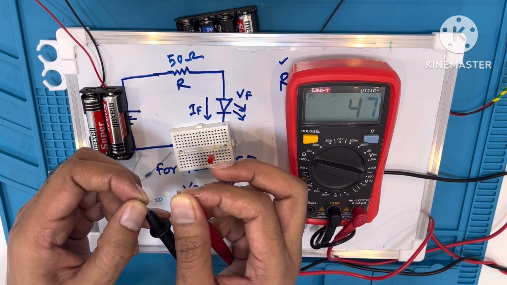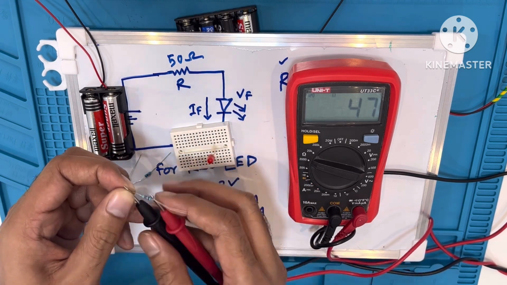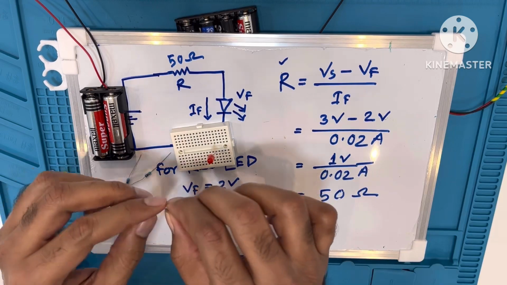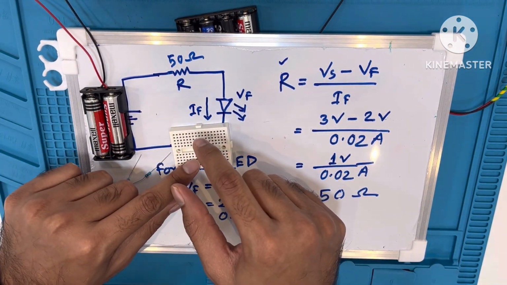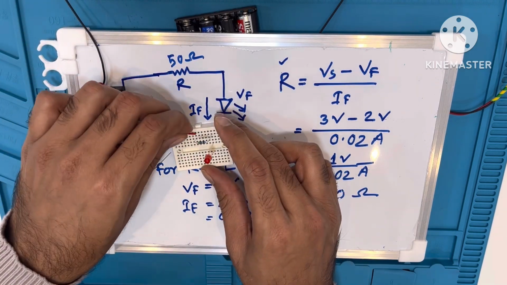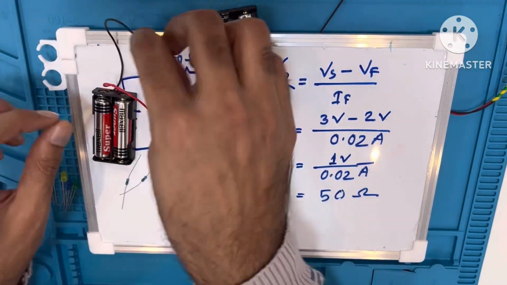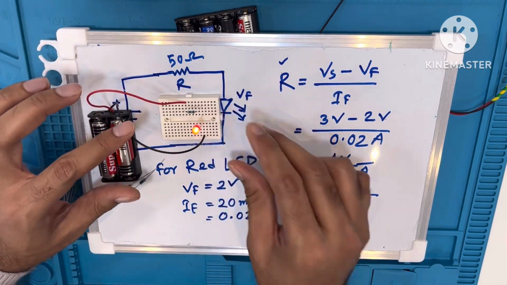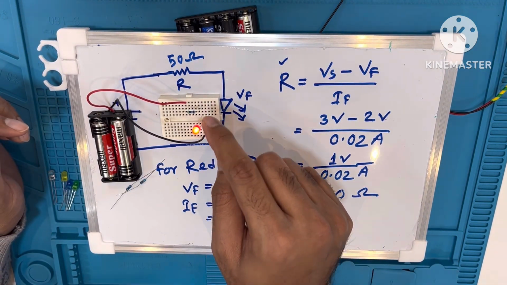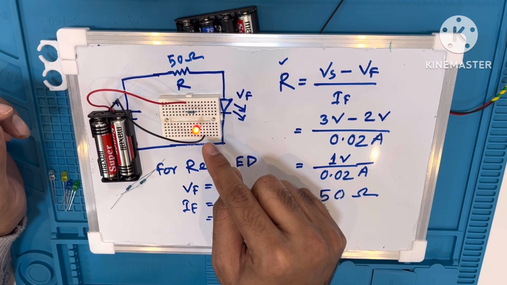Here you can see this is 47 ohm, so we can use this 47 ohm instead of 50 ohm. If we don't get the exact value of resistor, we'll use the nearest value. Let's complete the circuit. Here you can see the LED is glowing, so this LED is now safe.